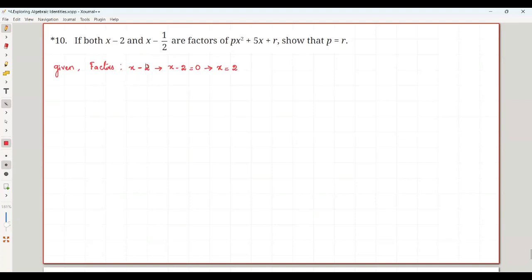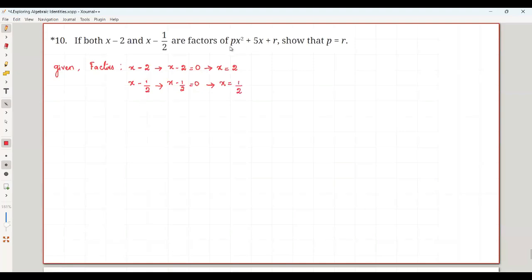The same way, next is given x minus 1 by 2 as one of the factors, so x minus 1 by 2 is equal to 0, then we can say x is equal to 1 by 2.